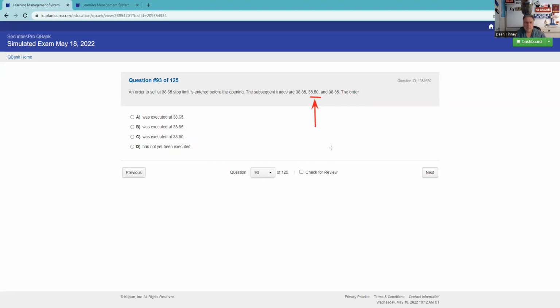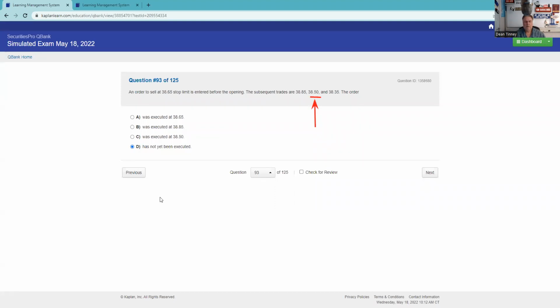It's now a limit order. And this customer says he wants to sell it for 3865 or more, and 3835 is unacceptable because he wants more. So we would say it has not yet been executed. So kind of a tricky one. Right?